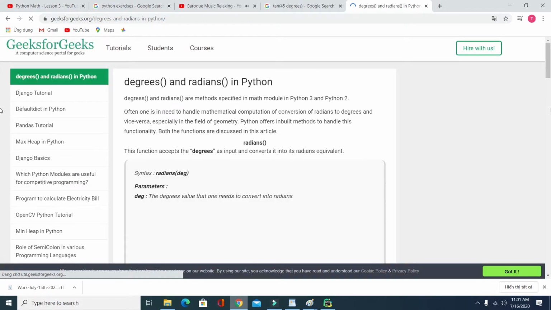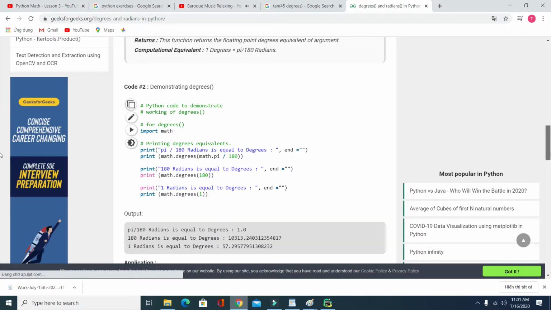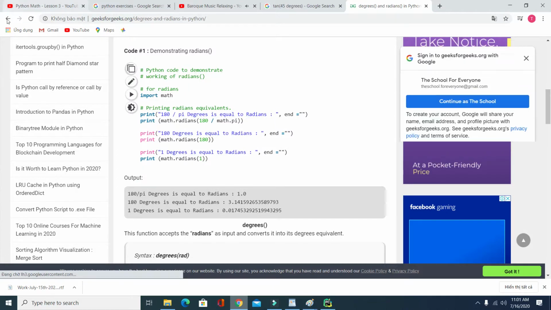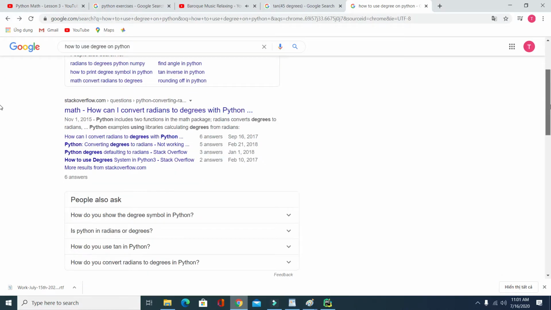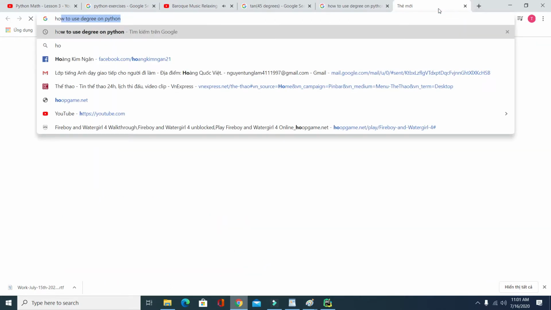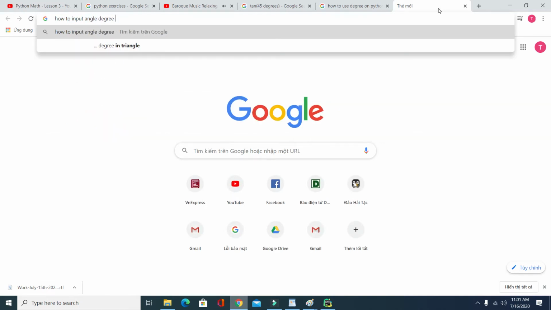So we search how to input angle degree in Python.